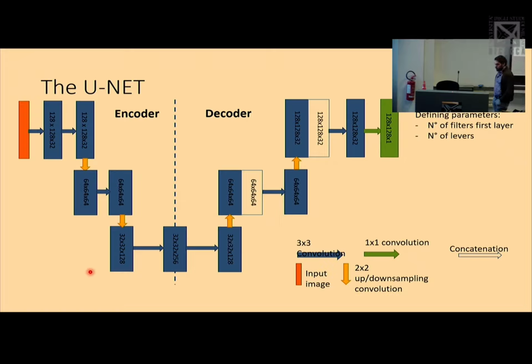Now, the issue with that is that it takes really a lot of work for the network to encode very high-level features like edges which are present in the input image, put them in these extremely low resolution vectors, and then decode them back to the image space.